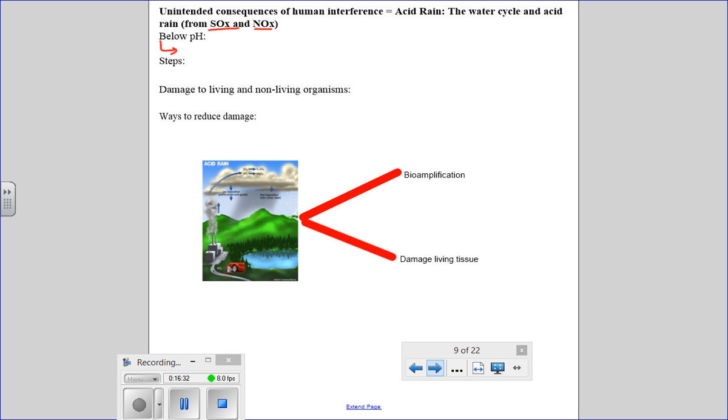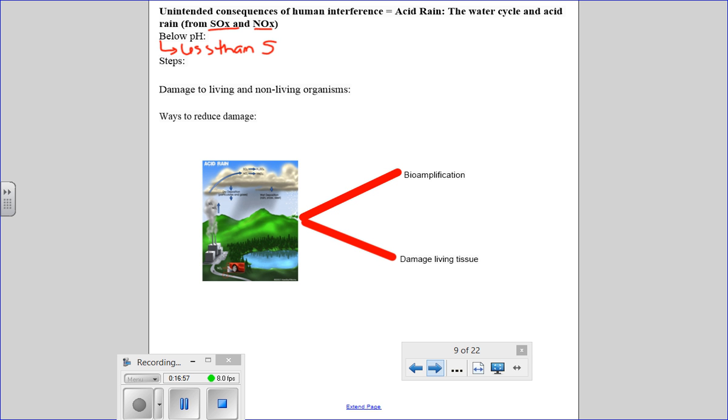Now, what is acid rain? You might say, oh, it's any rain that has a pH less than 7. And that's probably not how we would describe it. We usually say it's got to be less than 5 or somewhere between 4 and 5, depending on who you ask. I did a Google search the other day, and I found 3 different websites.